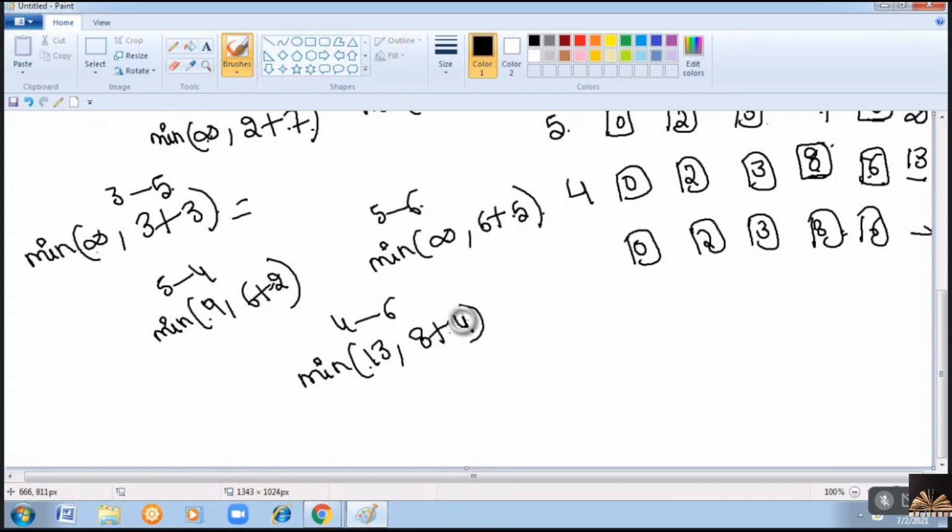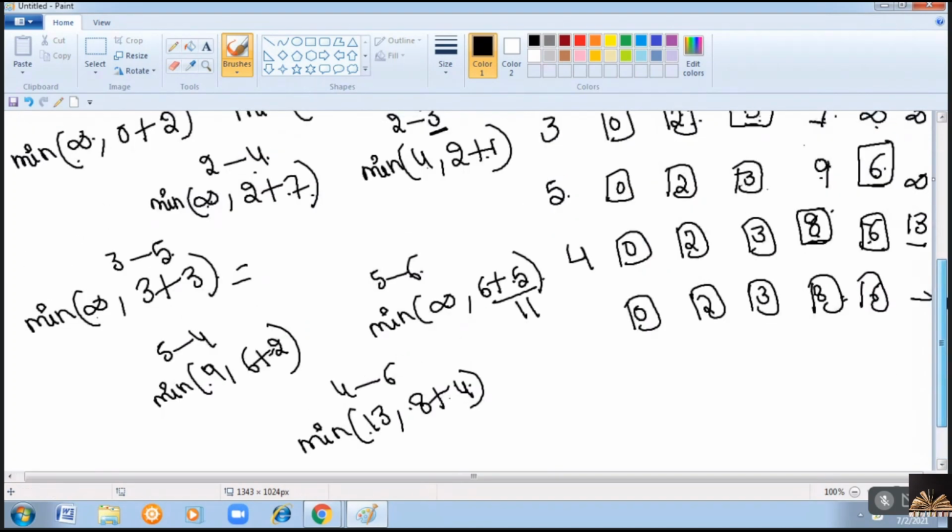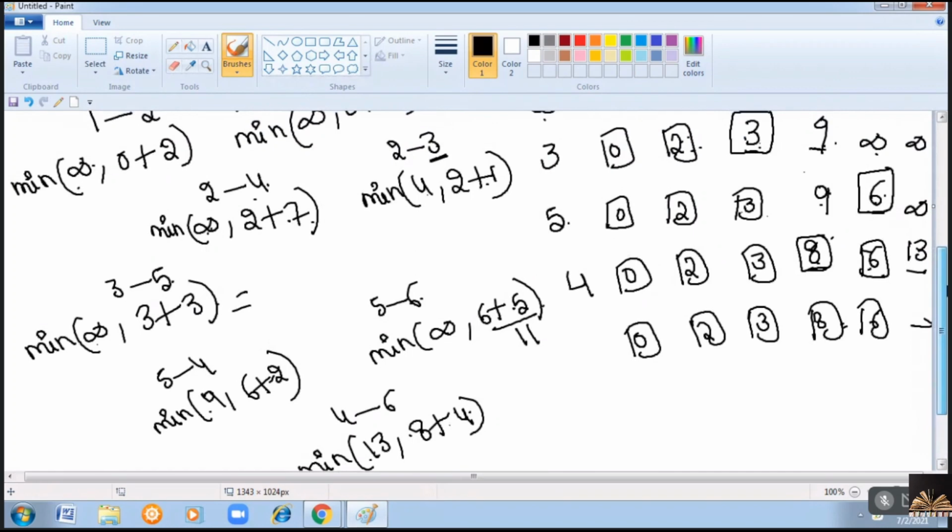Minimum of 8 plus 4. Yes, ma'am, 6 plus 5, 11, in the previous one. So 5 to 6, here, this one. In the above row for the fourth vertex row, ma'am.